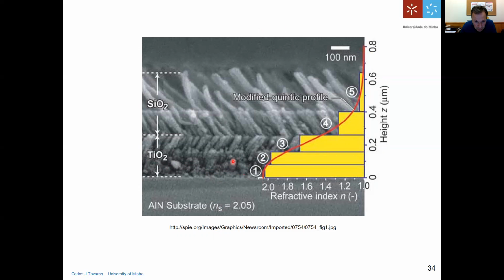And you have the crystals here, which have random island-type shapes, and you have lots of pores. And that's why the refractive index is 2.0, because if you really had crystalline titanium dioxide, the refractive index would be around 2.4. But if you deposit titanium dioxide and render it more amorphous with some pores, then you can decrease from 2.5 to 2.0. So this is what you achieve.